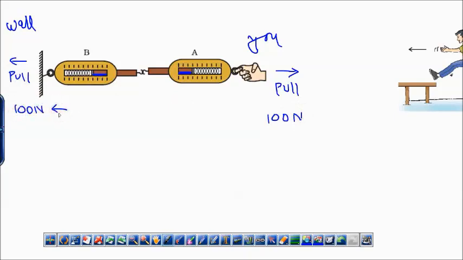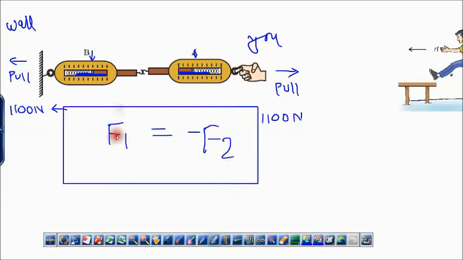Both the forces are visible on this spring balance. अगर 1100 पुल किया तो वॉल स्ट्रांग है तो वो भी 1100 पुल करेगी. इट विल बी हायर बट इट विल ऑलवेज बी सेम. F1 इज इक्वल टू माइनस F2 कहते हैं इसको. F1 = -F2 मतलब द फोर्सेज आर सेम बट एक नेगेटिव और एक पॉजिटिव, मतलब डायरेक्शन अलग अलग है.